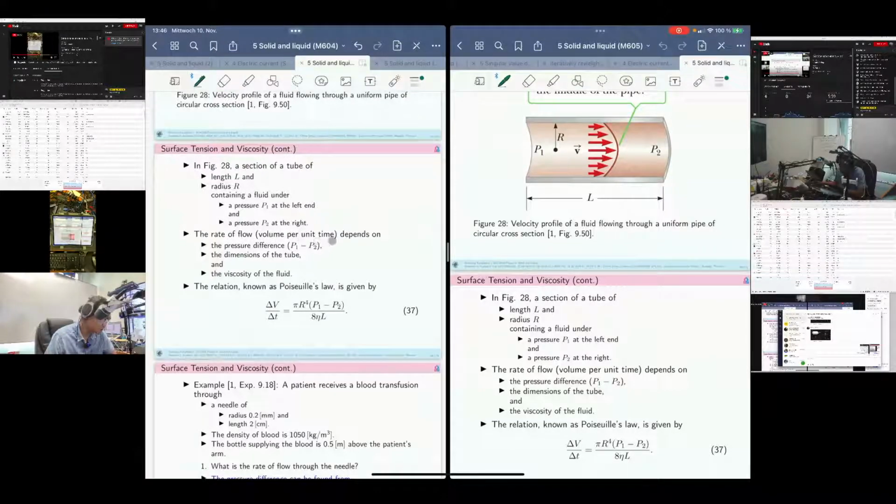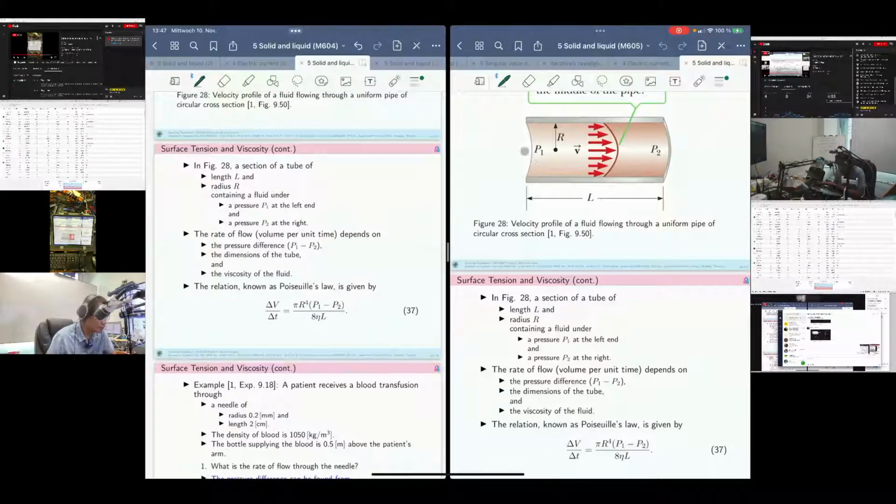And the rate of flow, the unit is volume per unit time, the rate of flow depends on the pressure difference P1 and P2. We're gonna consider the flow rate: how much fluid would flow per time, measured in terms of volume. The dimension of the tube is another factor that the rate of flow depends on.